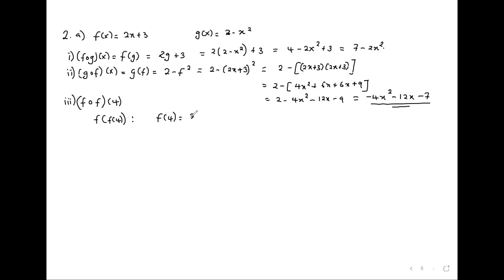F of 4 is 2 times 4 plus 3, giving us 8 plus 3, which is 11. Then take that 11 now, because we know what f of 4 is, it is 11. So we get f of 11 now. That is 2 times 11 plus 3. That's 22 plus 3, which is 25.